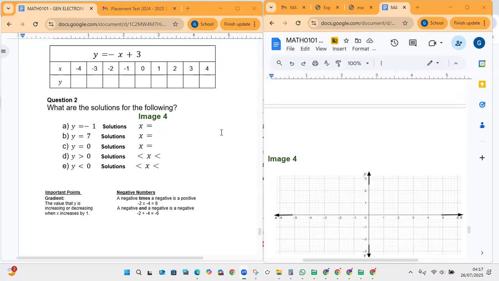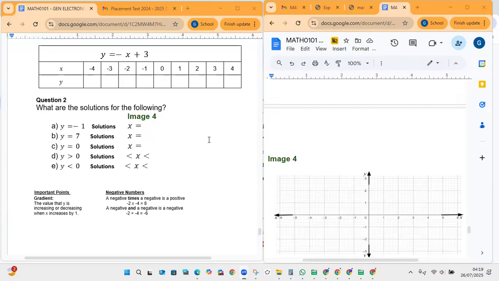In this recording, we are going to discuss a very important area in the interpretation of graphs. To do this, it is very important to associate the x variable with the word solutions and the y variable with the word value.